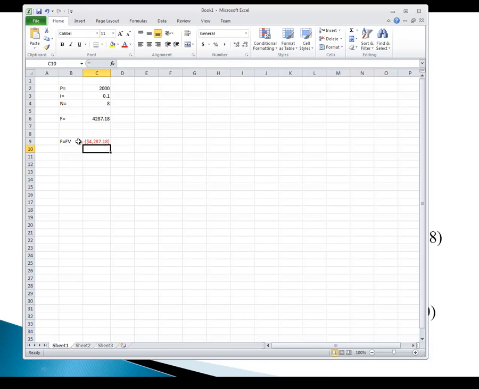So now I have 2 ways of calculating the future value, either the mathematical way or the Excel built-in function. Let's learn a third way to find that.